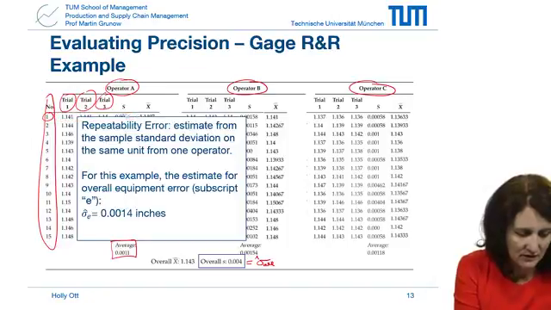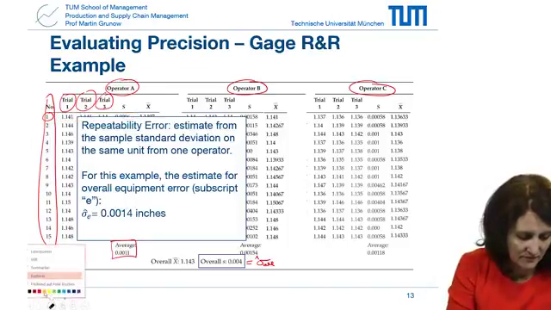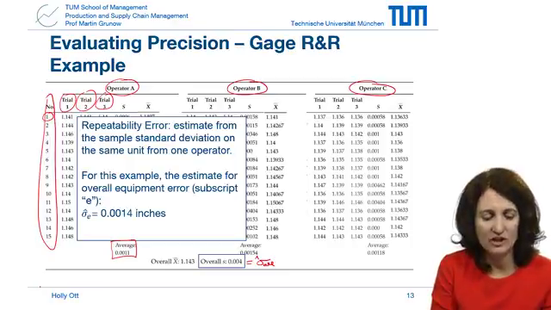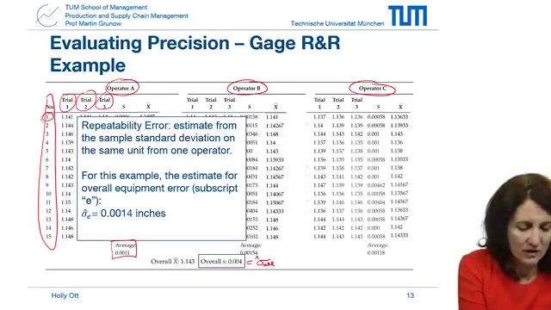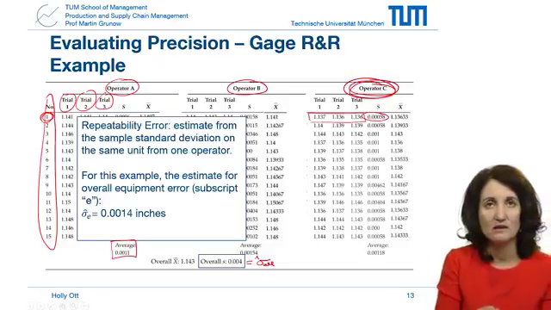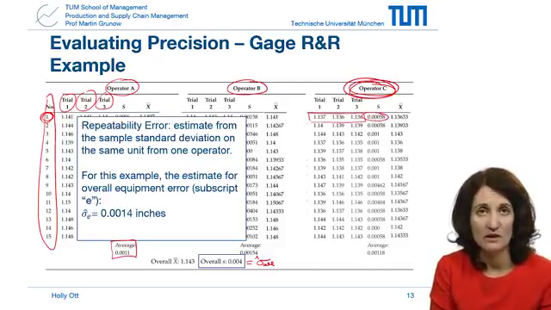Again, it is the estimate from the sample standard deviations on the same unit from one operator. So for example, for unit number 1, operator C, we can go ahead and estimate the sample standard deviation for that one part by that one operator.